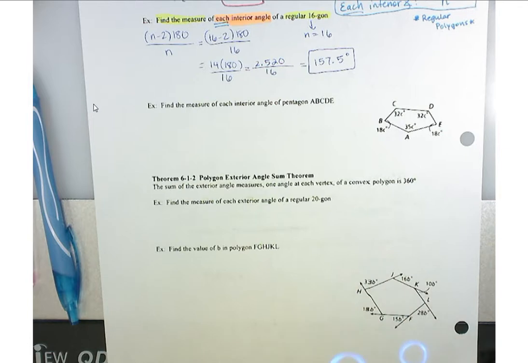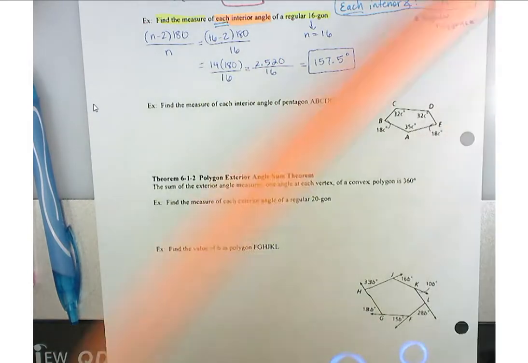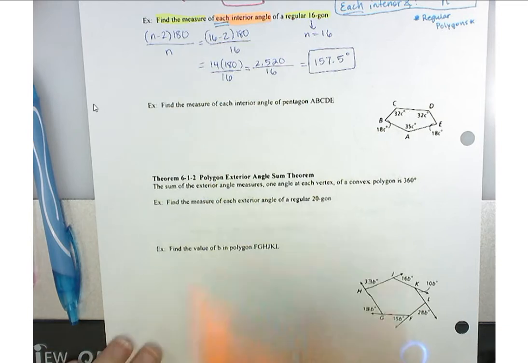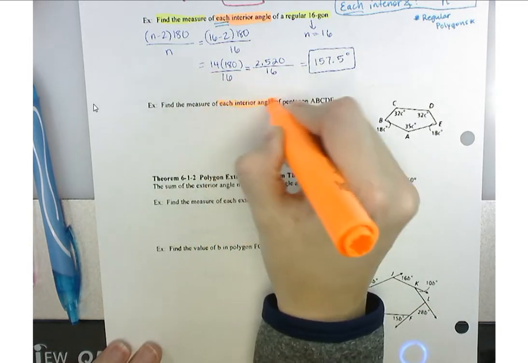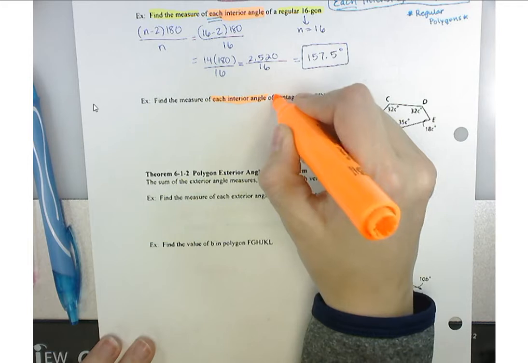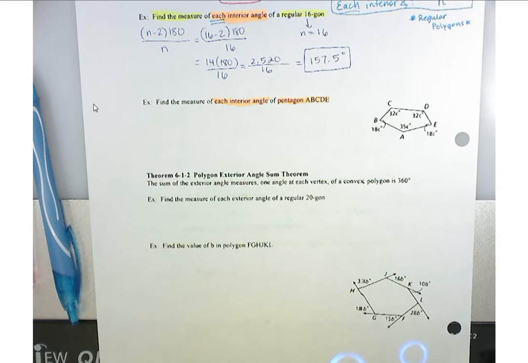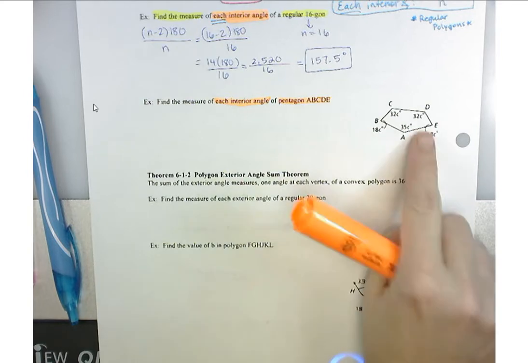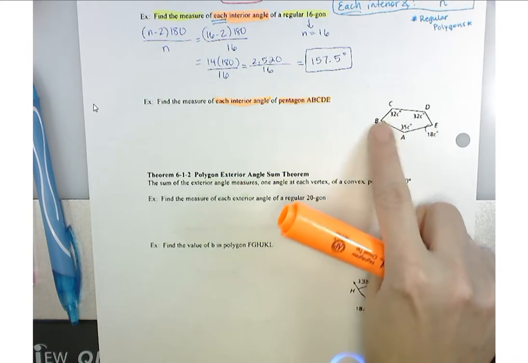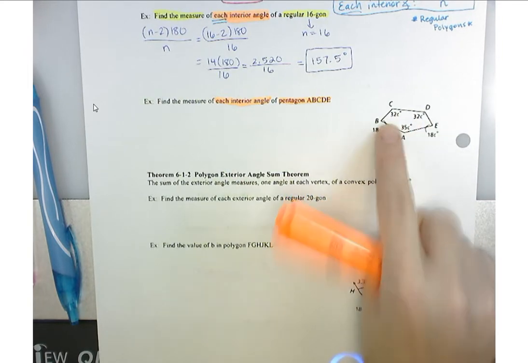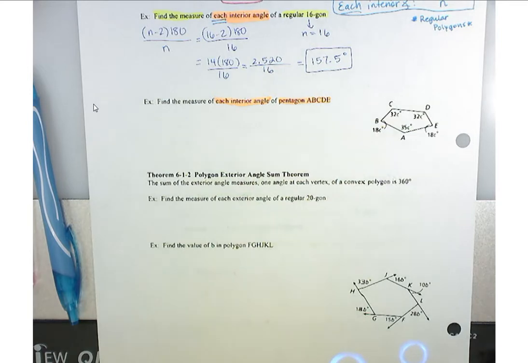All right, now our next example, we have to find the measure of each interior angle for this pentagon. So it's not a regular pentagon, but they give you what each angle is, so that's going to help us.